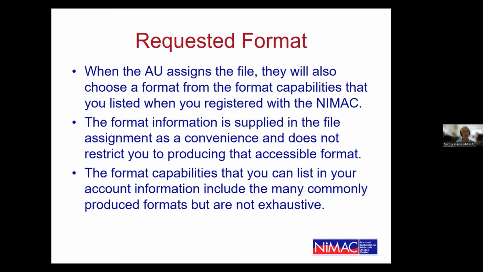This is very intentional, something we built into the system so that, for example, if you are thinking, I'm going to outsource and have Braille produced for this particular item, at that point of assigning the file, you can see if somebody else has already been assigned that file and say, well, maybe I don't really want to be paying for someone else to produce Braille from scratch if it's already being produced by another organization.